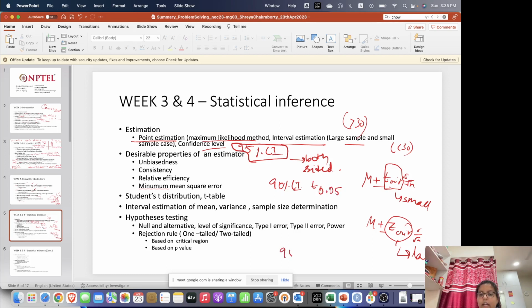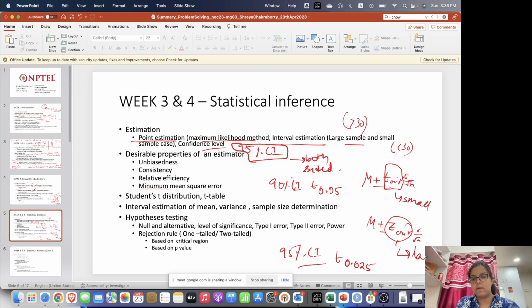But if I have 95% CI, it should be T 0.025. Okay, this is an important thing that we should keep in mind, because whatever confidence interval is stated, that is always both sided. So adding the two sides up, we should get 1 minus that thing, 0.95.